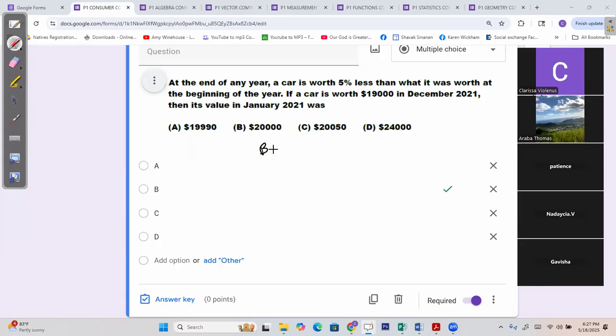Because at the beginning, you're going to be at 100%, and at the end, you're going to be at 95%, right? So I think this is like finding the original price. So the formula for this is 100 over 95% times 19000.